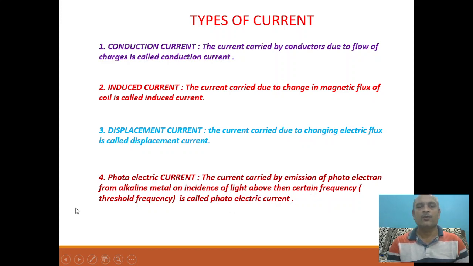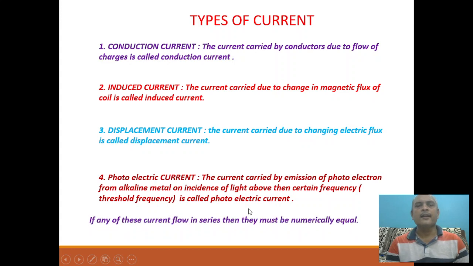This certain frequency is called threshold frequency, and this current is called photoelectric current. If any two of the four currents are connected in series, the current remains the same. In this topic we proved conduction current is equal to displacement current, and in the next book we will discuss that conduction current is also equal to the photoelectric current.